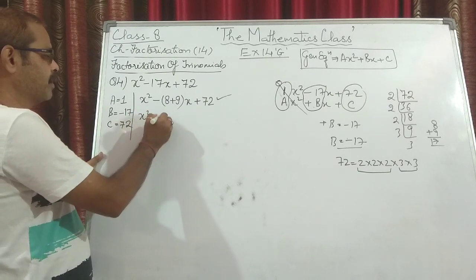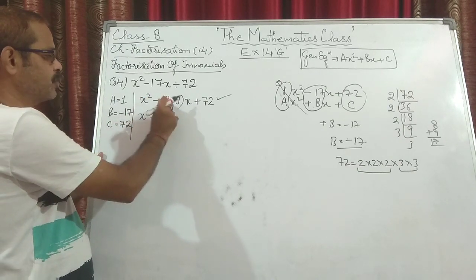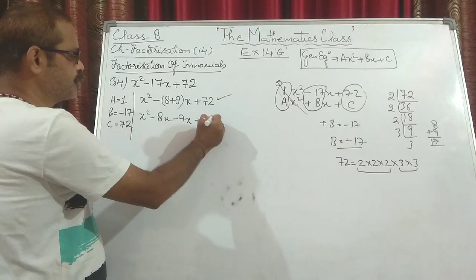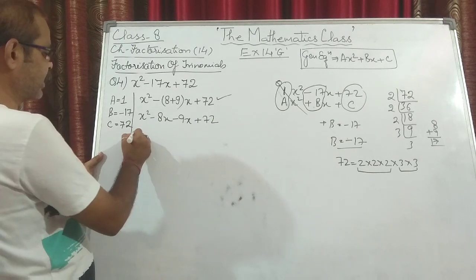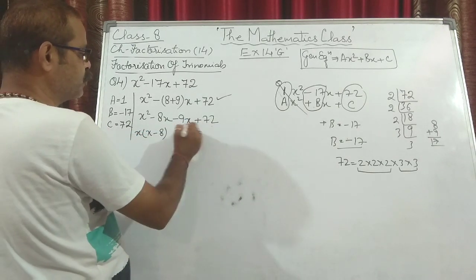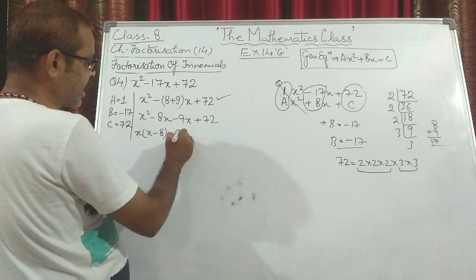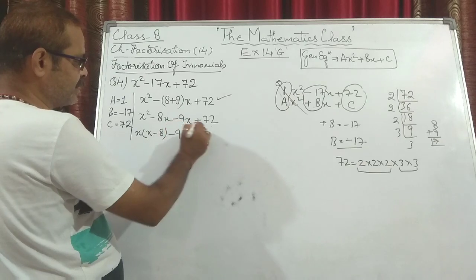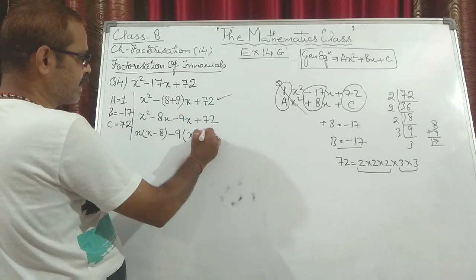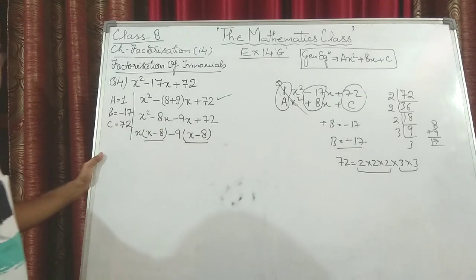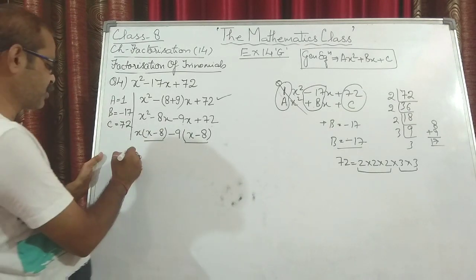X square minus 8x, minus into plus is minus 9x plus 72. From these two we will take x common. What is left? X minus 8. From these two we can take minus 9 common. Then x will be left and we have taken minus, so here it will come minus, and 9 8s are 72. You can see both the values that are left are same. It means our calculation is right.